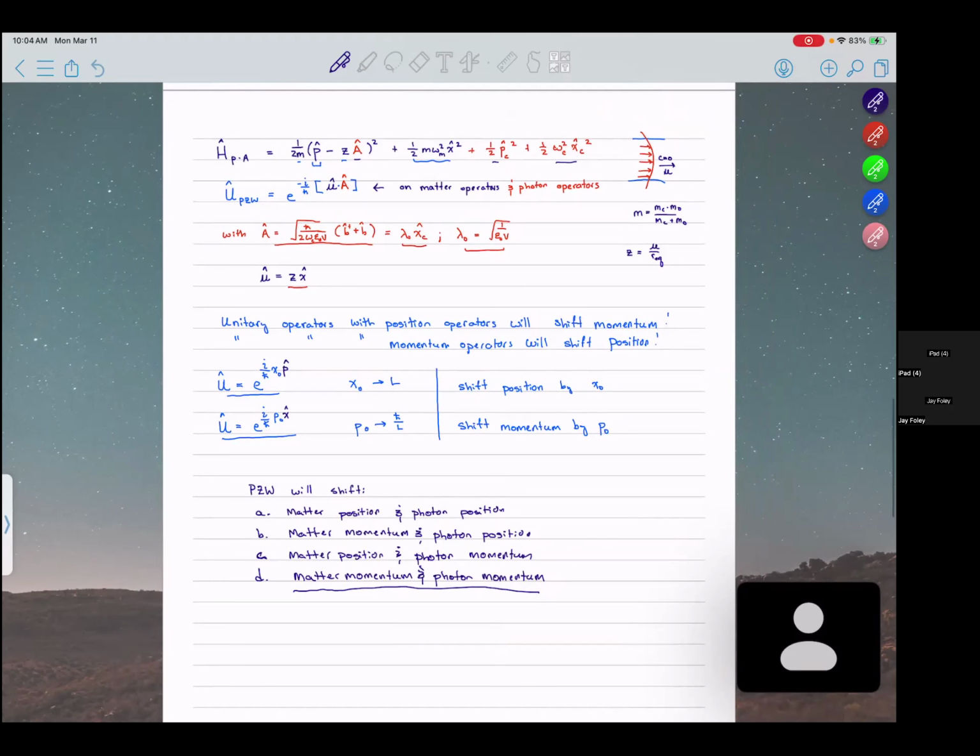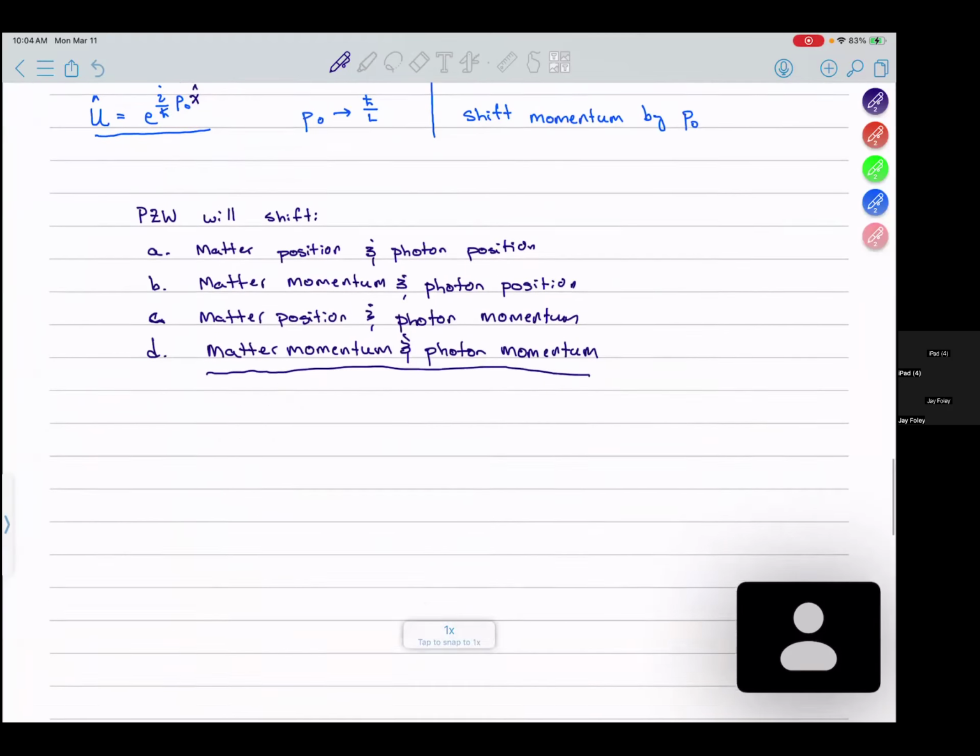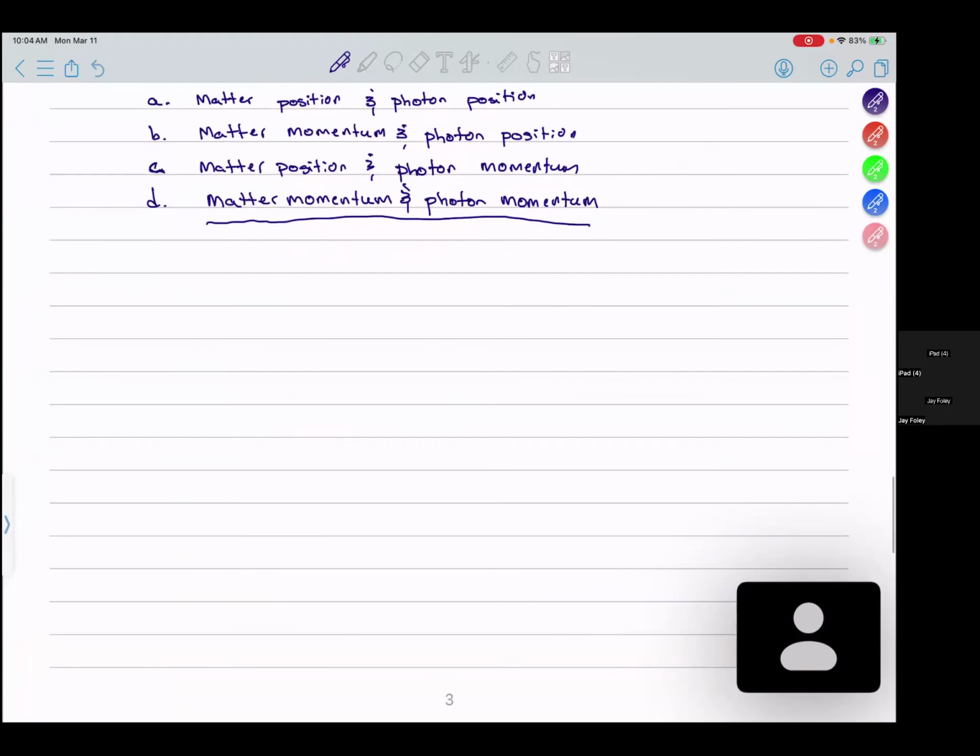So how do we actually do these computations? Remember, we have this relationship for the transformation of our operator.